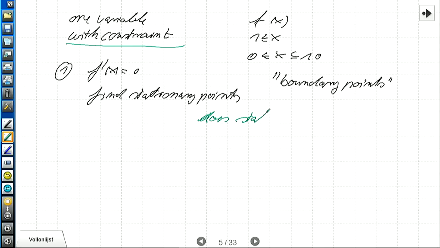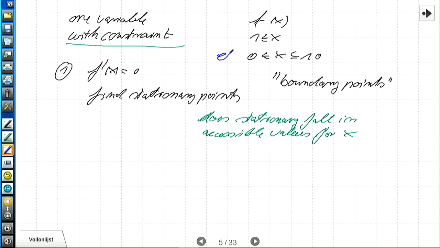Does the stationary point fall in the accessible values for x? For example, let's put an example.